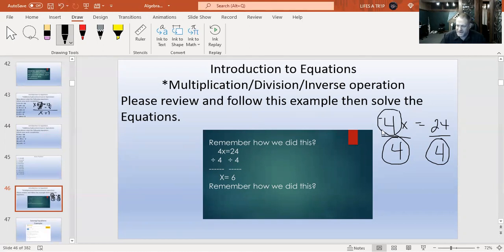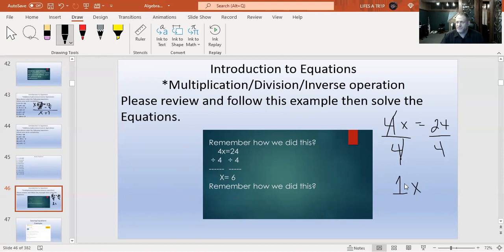If this was a negative, this would be a negative, and this would be a negative, but they're not. So a 4 here and a 4 there. Now we can do the inverse operations and cancel these out to a silent 1x.